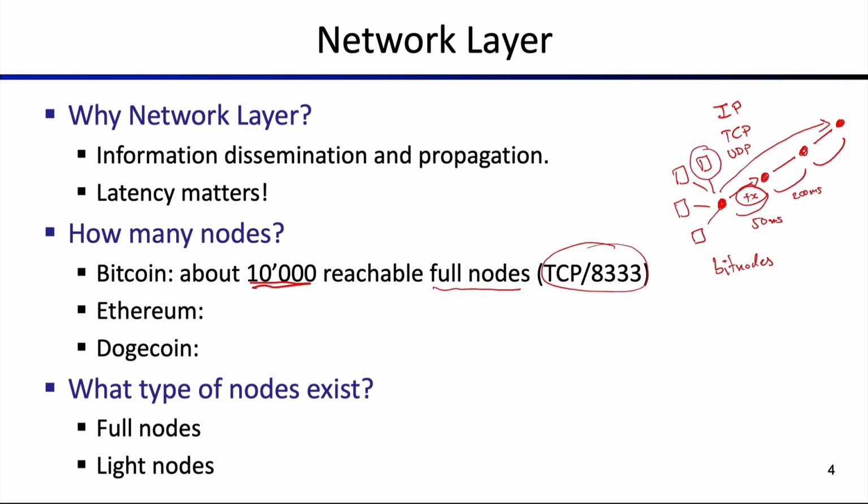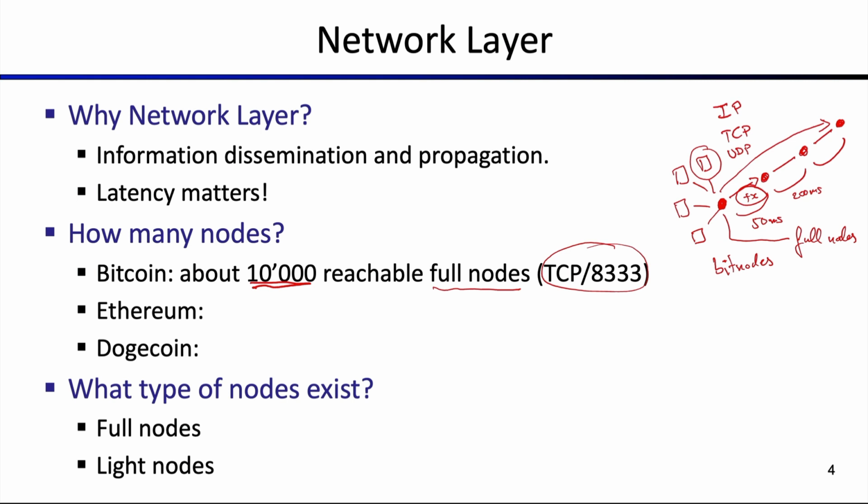They don't service other nodes. It's really just these full reachable nodes that have a full copy of the blockchain, by the way, so we call them full nodes. These nodes are responsible for serving a deeper network of, for example, SPV clients, simple payment verification clients.